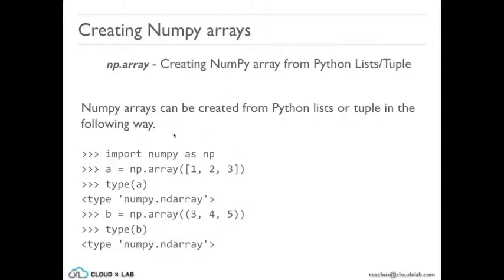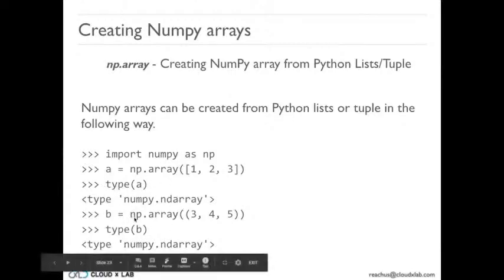We first have to import Numpy as np, and you can declare A as an array. As you see, A is an array, and if you print type of A, you get what A is. Similarly, you can declare B. Here we have declared B as a tuple, and that also can be converted into a Numpy array, and that works fine. It's not an issue. You can declare it multiple ways.